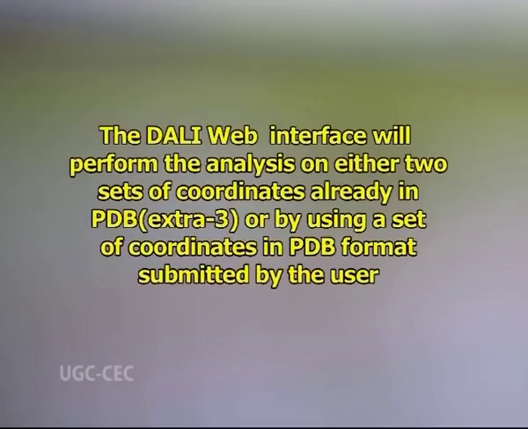The method is flexible in that gaps may be of any length and it allows for alternate connectivities between aligned segments, thereby facilitating identification of specific domains that are similar in two different proteins, even if the proteins as a whole are dissimilar. The DALI web interface will perform the analysis on either two sets of coordinates already in PDB or by using a set of coordinates in PDB format submitted by the user.